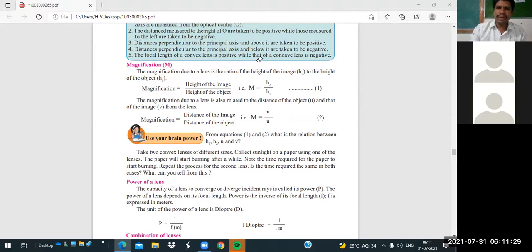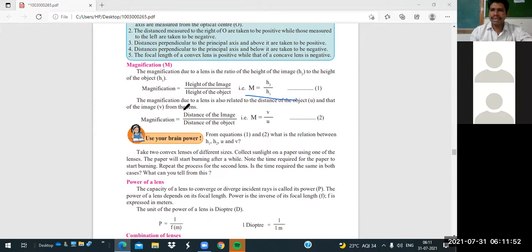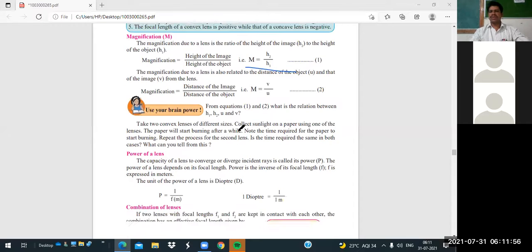So when we are speaking only about the height of the image and object, we use the formula m is equal to h2 upon h1, where h2 is the height of the image and h1 is the height of the object. And when we are speaking about the distance of the image and object, we take the magnification in the form of the distance of the image upon the distance of the object.